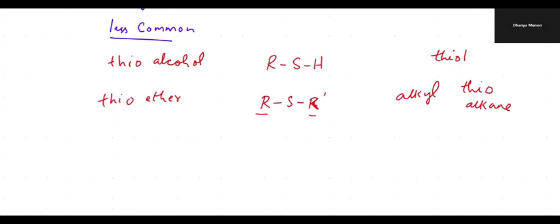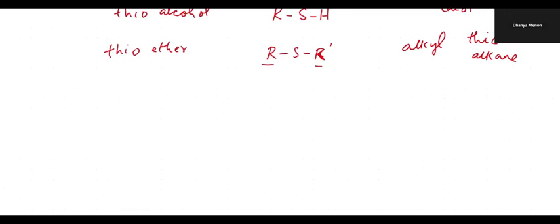So these are some of the functional groups, and I already told you about nitro groups and alkyl halides. Although they are functional groups, IUPAC doesn't treat them as functional groups.